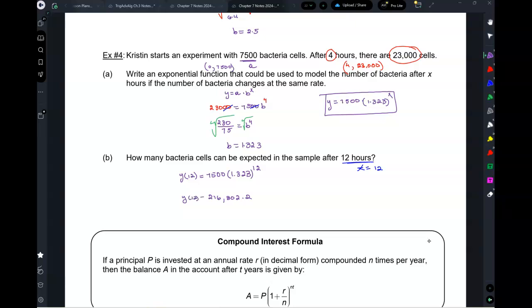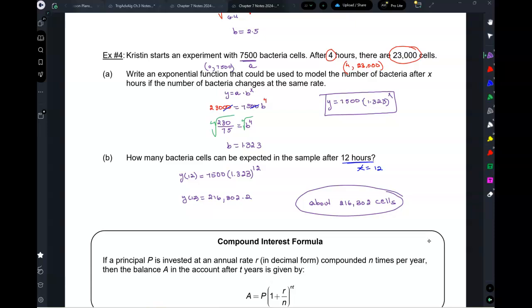So that's y of 12. So that will be about 216,302 bacteria cells. Please don't automatically always round up. Just round mathematically to wherever it needs to be, up, down, wherever it needs to be.